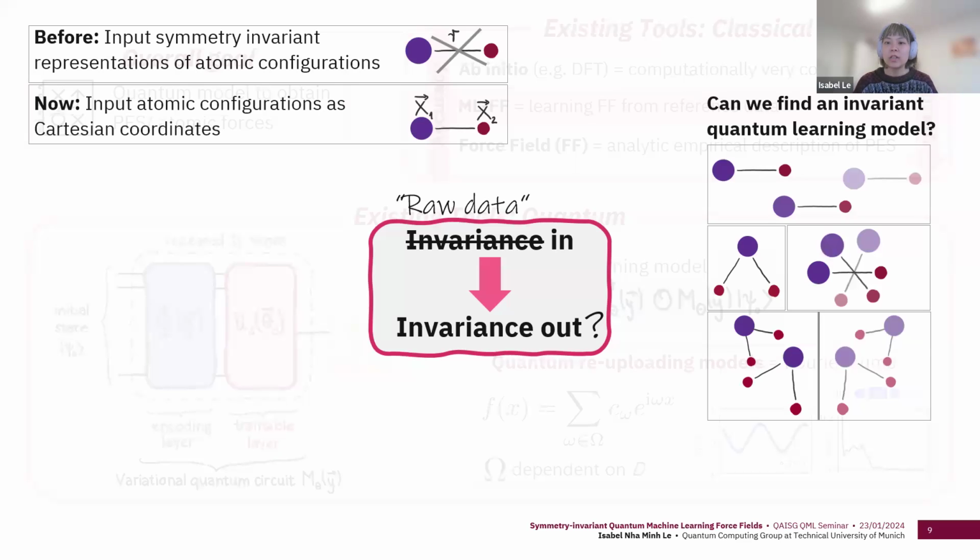But in this work, we wondered whether there is a way to rather incorporate the symmetries in the quantum learning model directly instead of in the input data. So we wondered whether it would be possible to simply input the atomic configurations as raw data. By that, I mean just Cartesian coordinates of the atoms in the system, and whether it's then still possible to get invariant energy predictions out.